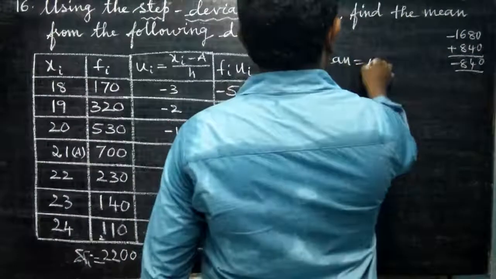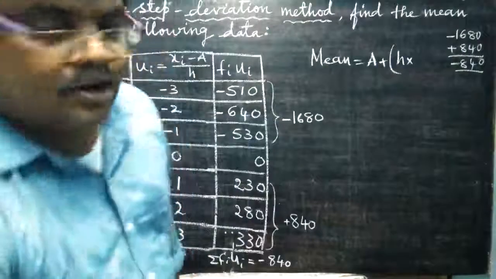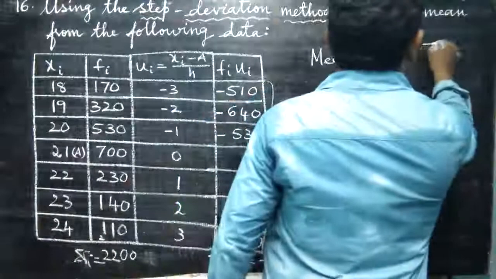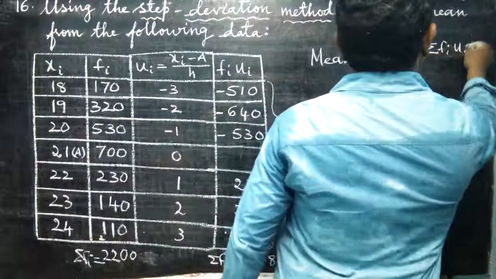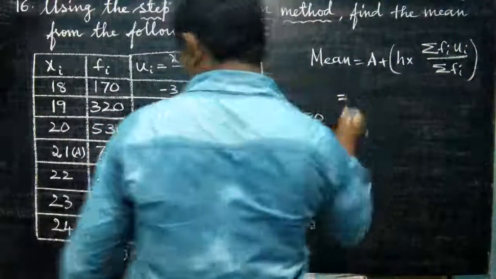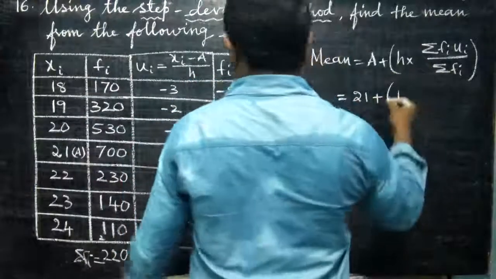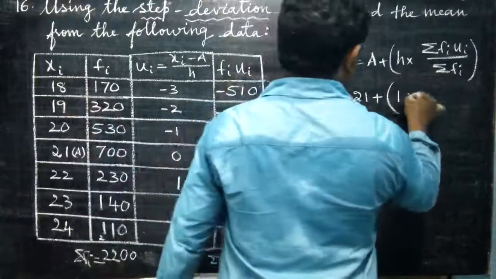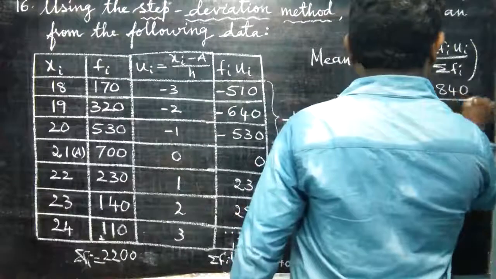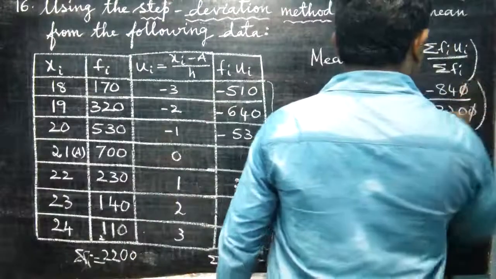Now the formula for mean. Mean is equal to a plus h into sigma fi ui by sigma fi. This is one term, two terms. A, you know, 21 plus h means 1. 19 minus 18 is 1. 1 into sigma fi ui, you got minus 840 by 2200. 0 0 cancel.